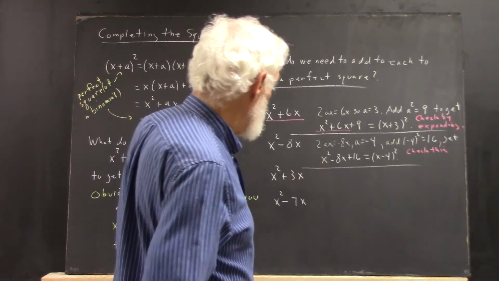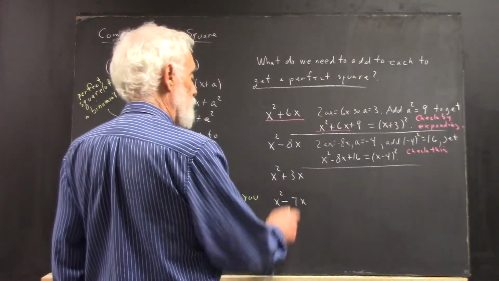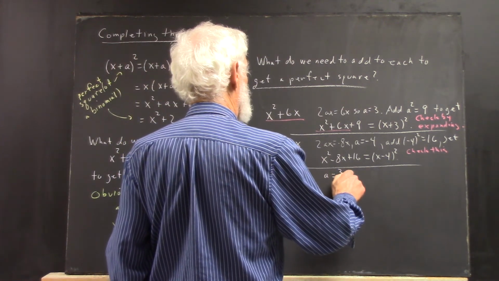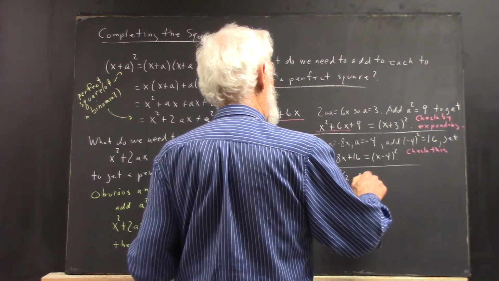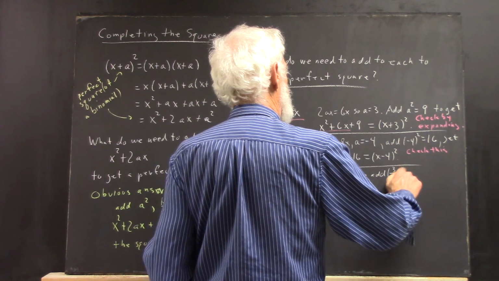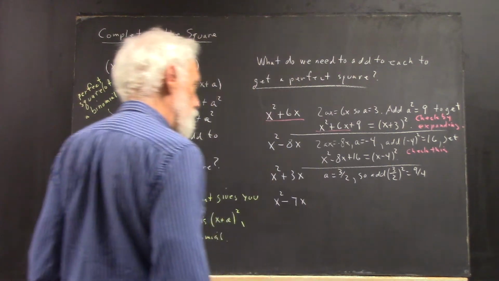Well, I'm not going to write it all out this time. I'm just going to say, well, if this is 2ax, then 3 is 2a, so a has to be 3 halves. So add 3 halves squared equals 9/4.